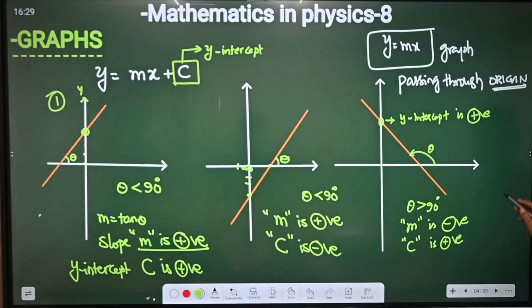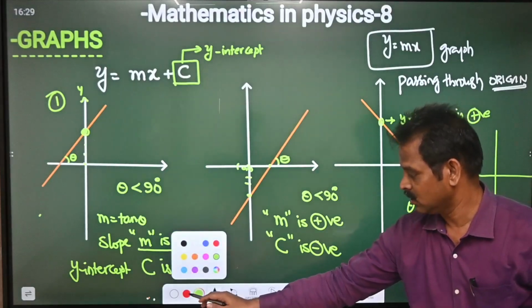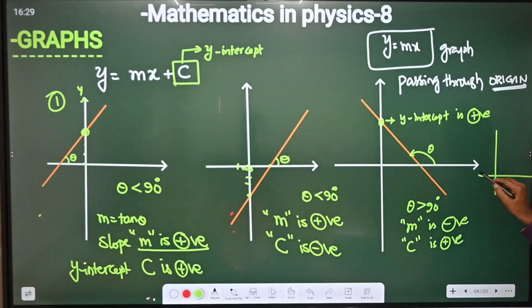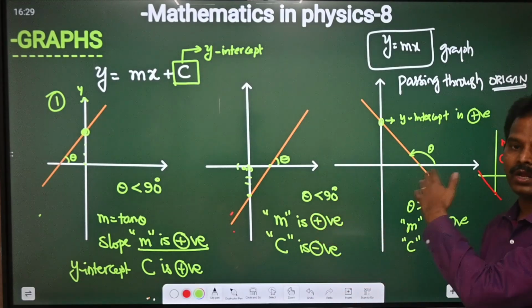And one more is there. The graph is given like this, with the x-axis and y-axis. In this case, slope m is negative, as well as the y-intercept is also negative. So these are the four types of graph.